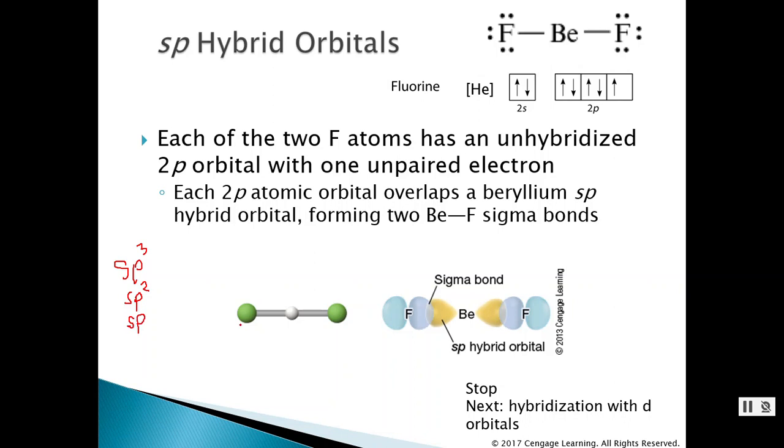Those hybrid orbitals seek to explain and support the bonding that is seen and predicted with VSEPR and Lewis dot structures. In the next video, we're going to talk a bit about hybridization that is hypothesized with d orbitals, those orbitals that are used with the transition metals.